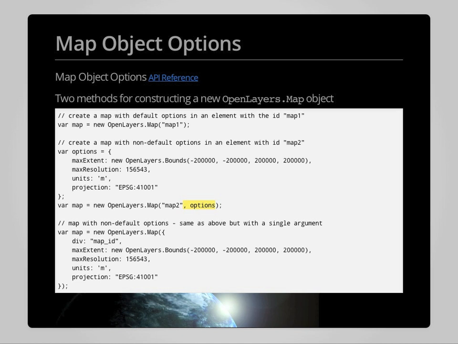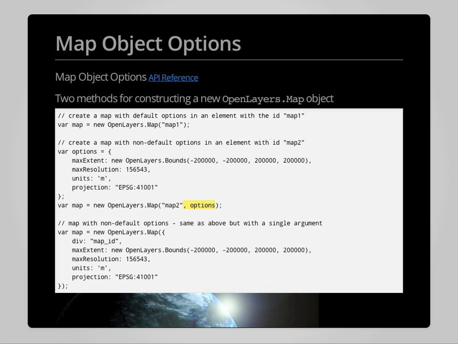So if you provide no options, you are basically creating a map object with the default values. But you can provide additional options either directly or through reference to a variable, as we've done here.